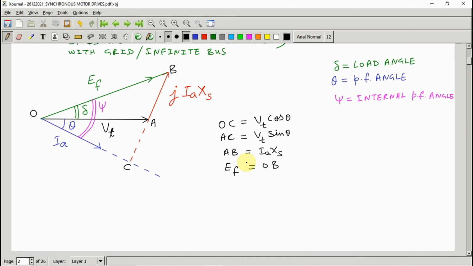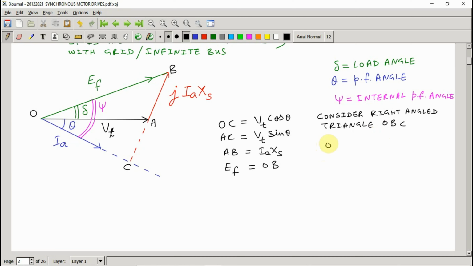Now we can consider the right angle triangle OBC.